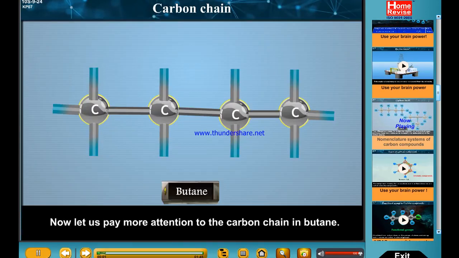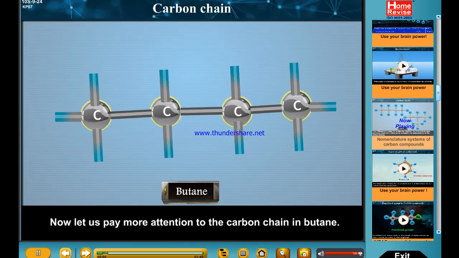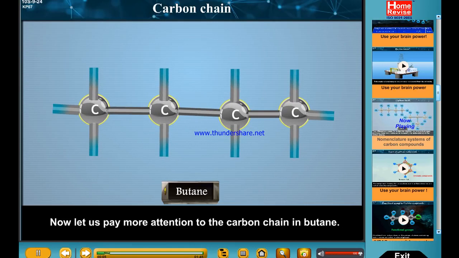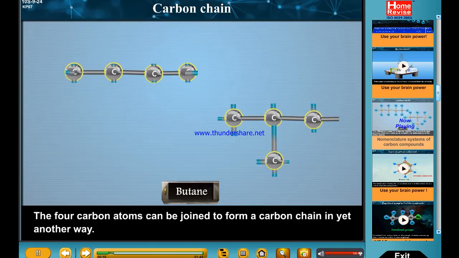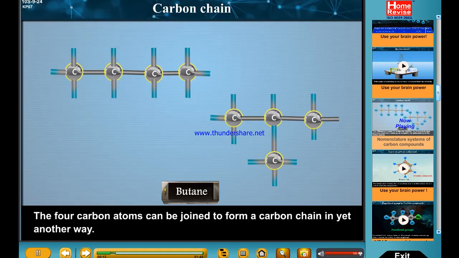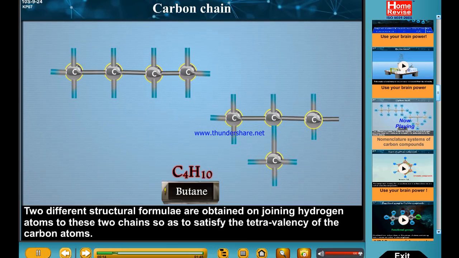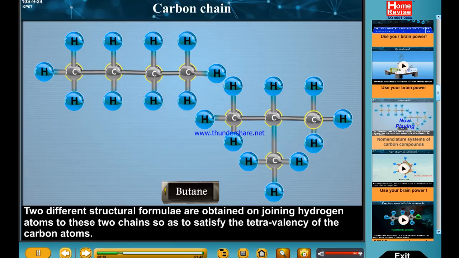Now let us pay more attention to the carbon chain in butane. The 4 carbon atoms can be joined to form a carbon chain in yet another way. 2 different structural formulae are obtained on joining hydrogen atoms to these 2 chains so as to satisfy the tetravalency of the carbon atoms.